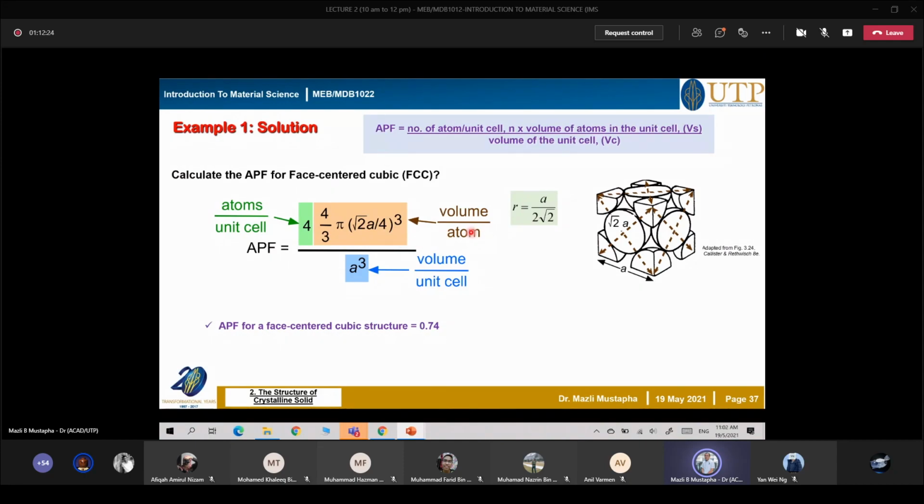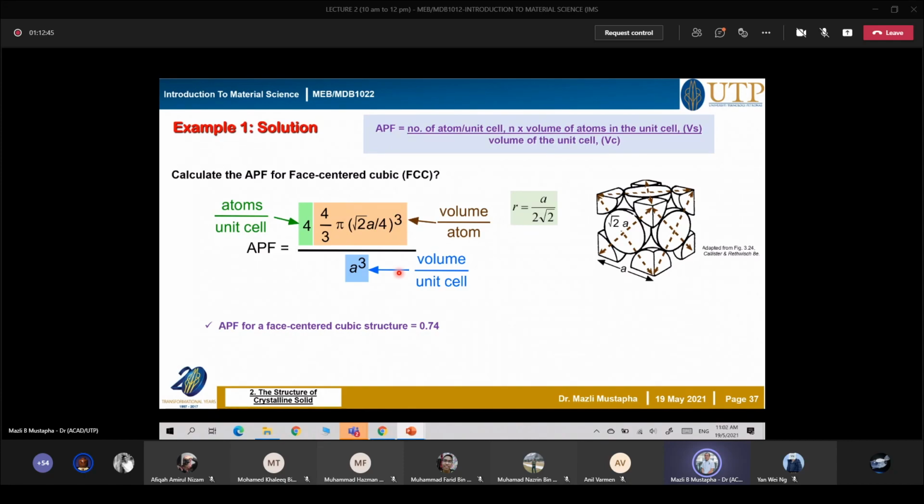I think this is still the same. And then we get 0.74. That's why the face-centered cubic is larger compared to body-centered cubic and simple cubic. This is how we calculate.